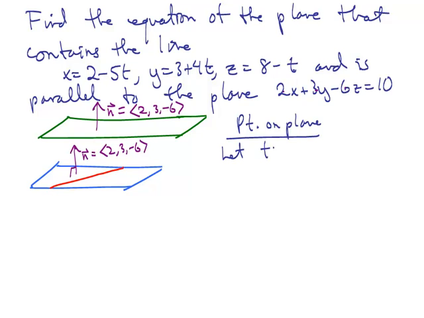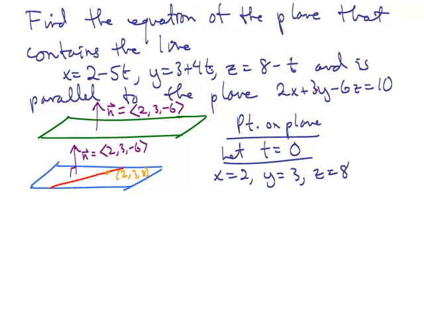I'm just going to go ahead and make my life easy. Let t be 0. Then x is 2, y is 3, z is 8, putting t equals 0 in for those parametric equations. So I've got some point here, let's say right here, of 2, 3, and 8.